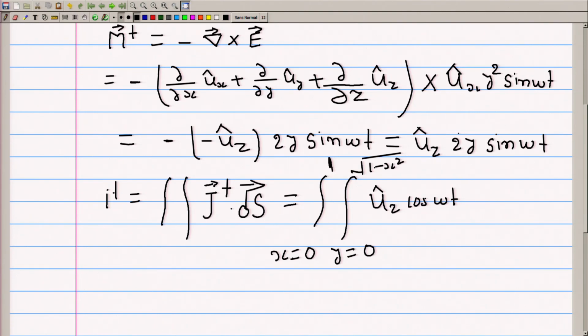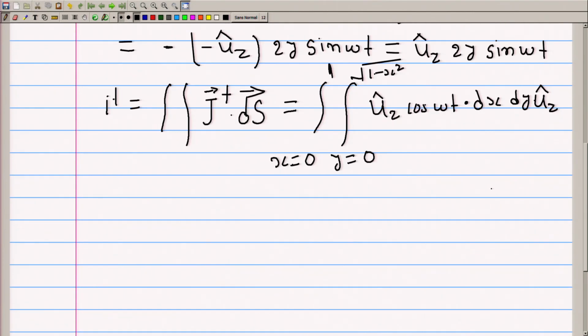On the surface z equal to 0 and x squared plus y squared equal to 1, it will be dx dy uz. Here uz dot product with uz will be 1, and the integration is on cos omega t dx dy.